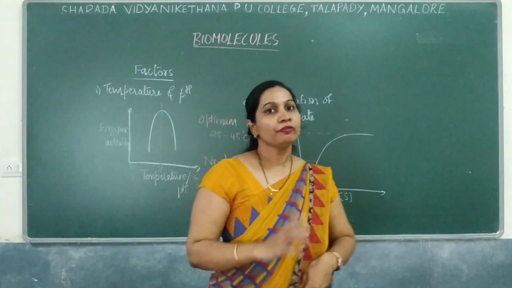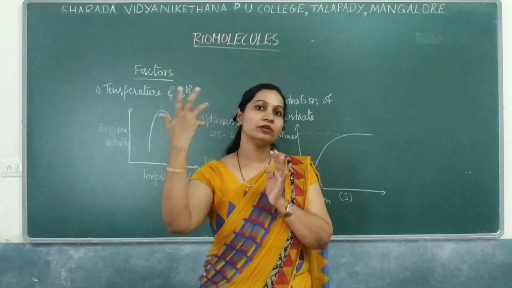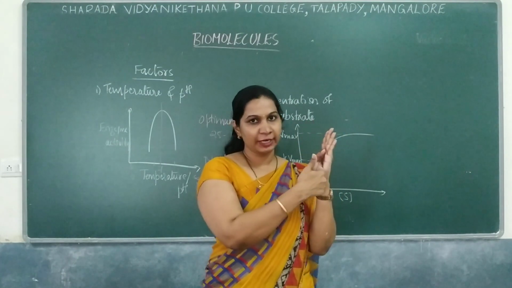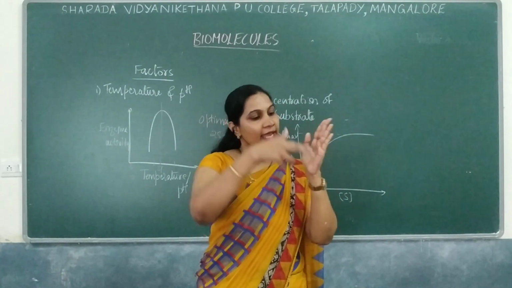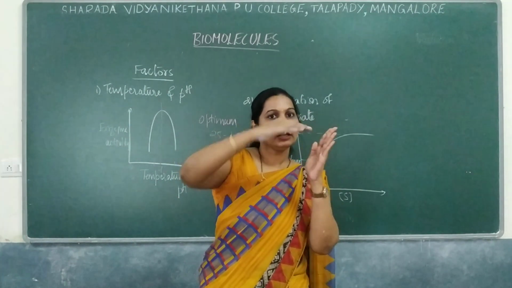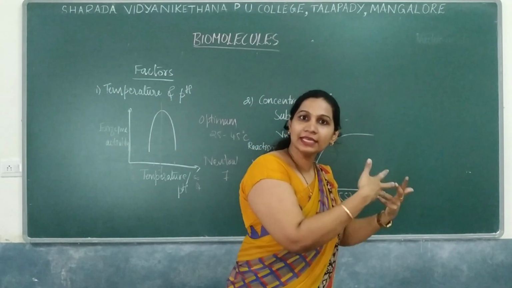How? For example, if there is an enzyme consisting of around 10 active sites, one substrate will go and bind, and the reaction will take place. Another substrate will go and bind, there is an increase in reaction. One more, and so on, with the adding of substrate there is an increase in the reaction.